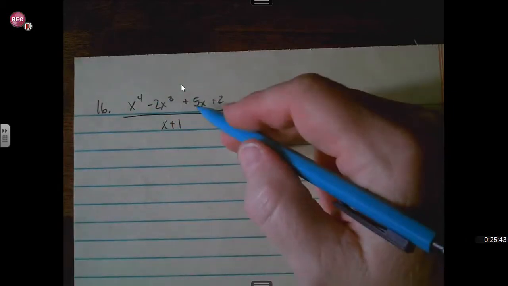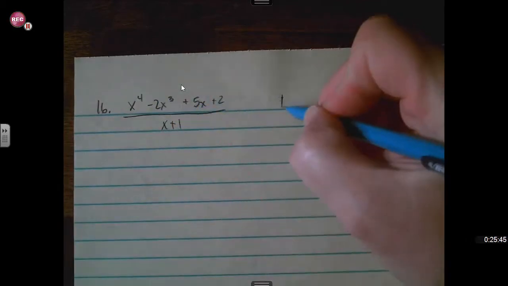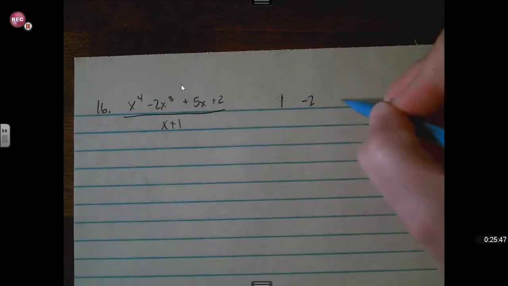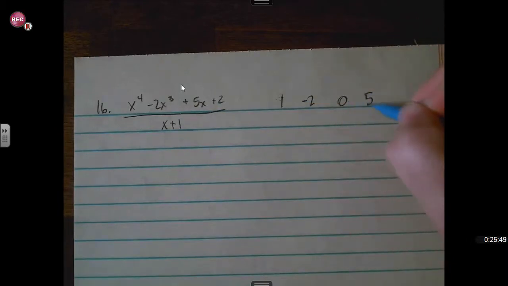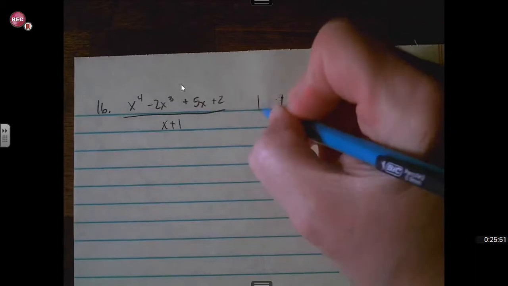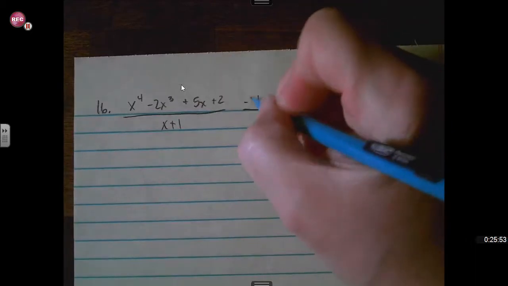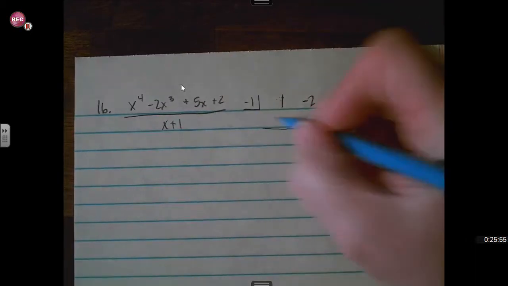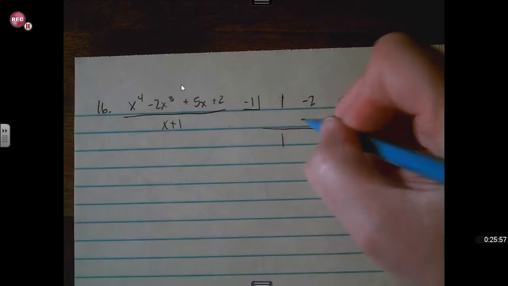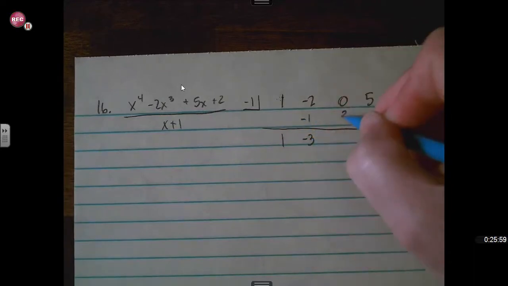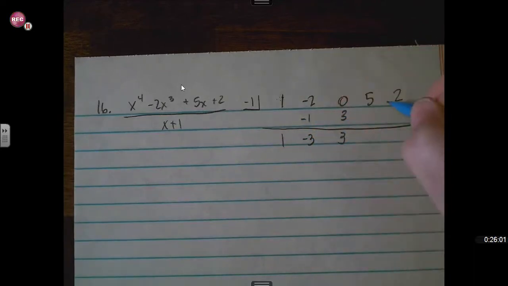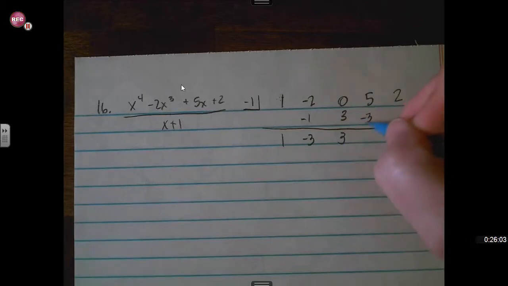The squared term is missing, so I'm going to put 1, -2, 0, 5, 2, and I'm dividing by -1. So bring down the 1, multiply, add, multiply, add, multiply, add.